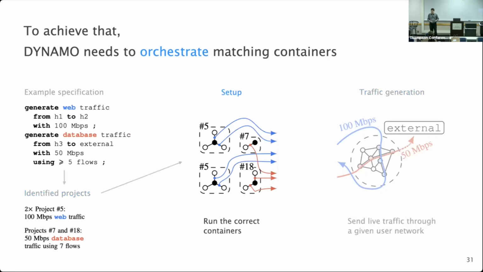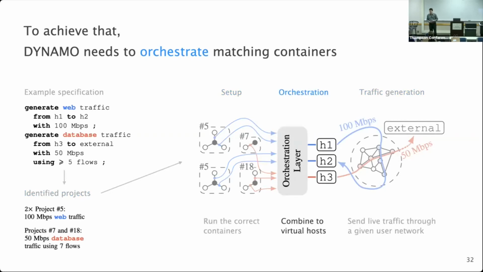It then downloads and configures the corresponding containers that belong to these applications and reruns them. And in between, we add a so-called orchestration layer that can do some simple operations to merge flows together or to do some mapping in order to create these virtual hosts that are specified in the specification language. And then in the end, we get the live traffic out, and hopefully the user can then use it for its various applications. So for more detail on that, please have a look at the text.